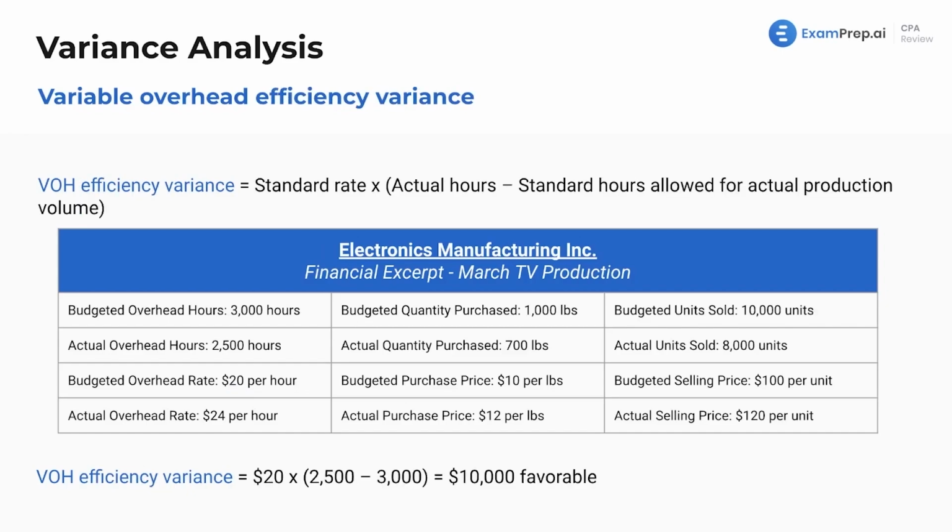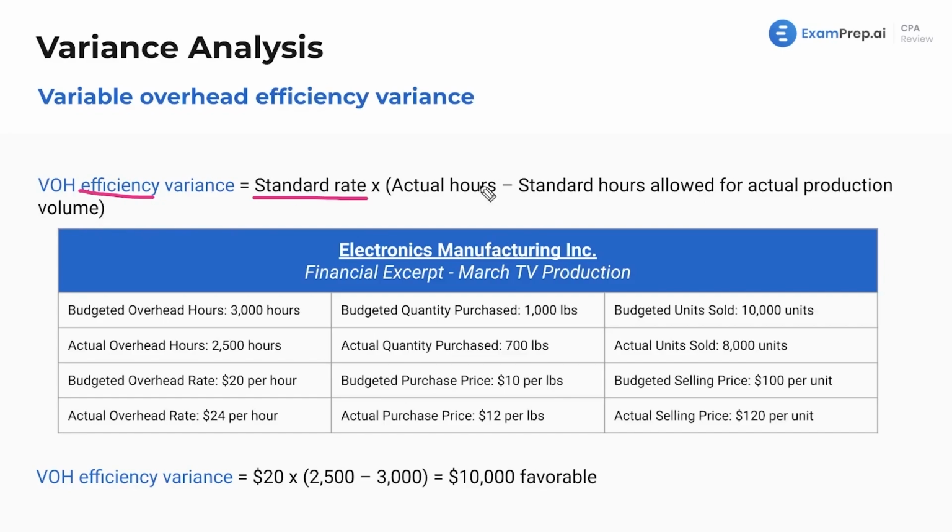Well, the variable overhead efficiency variance takes the same approach as what we've seen for our direct materials and labor. We've got a non-dollar amount, non-financial, then we've got a standard financial, and then in here we've got the same thing. Now, it seems a little bit longer. That's just what we're going to call it, standard hours allowed for actual production volume.